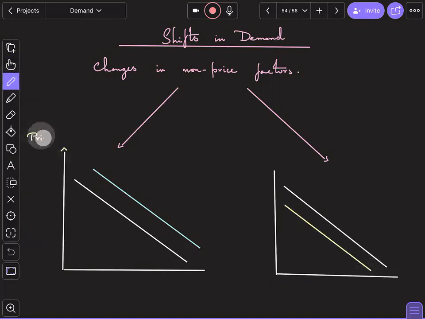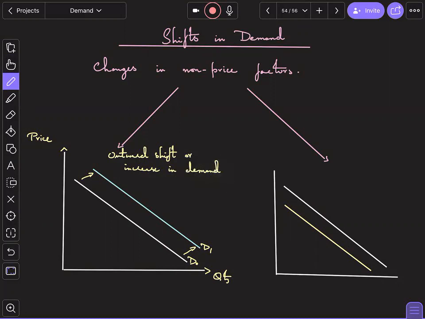So this is our price and the quantity. D naught is the original demand curve. It will shift to D1. It will shift outwards. This is called an outward shift or increase in demand. Not increase in quantity demanded, but increase in the demand.